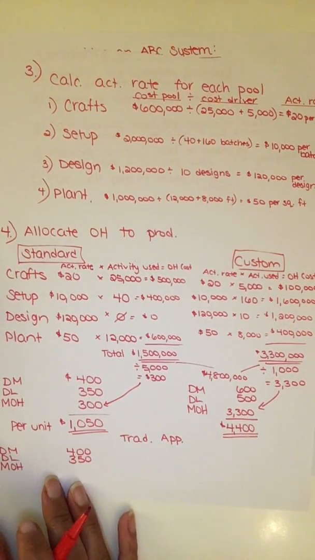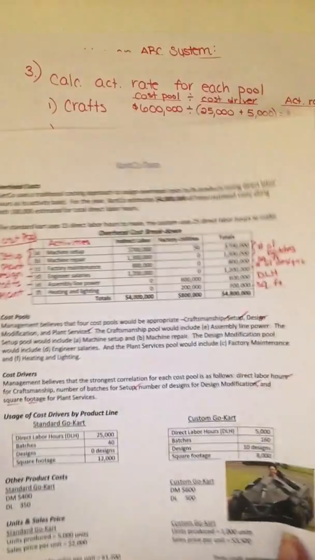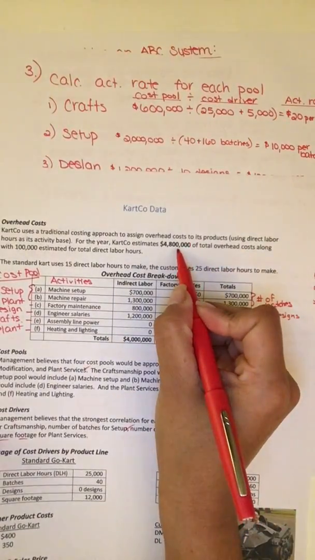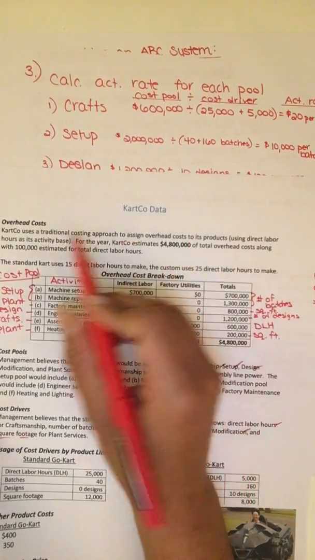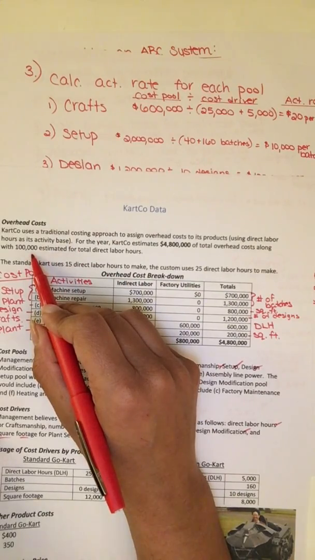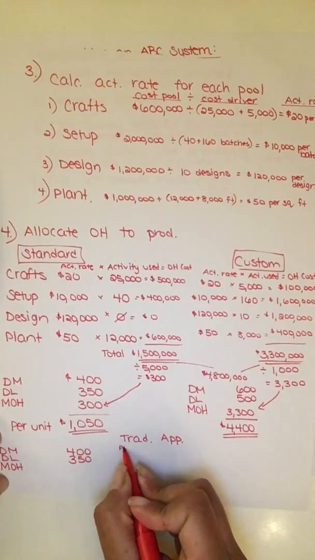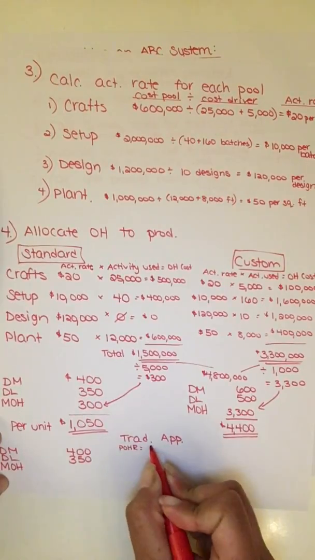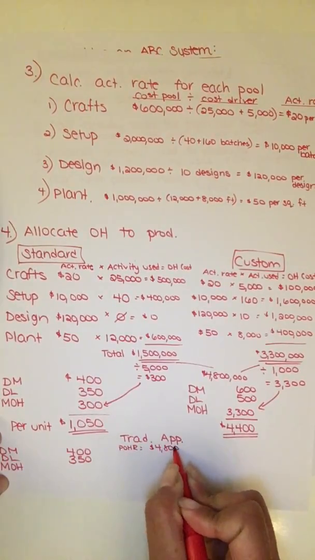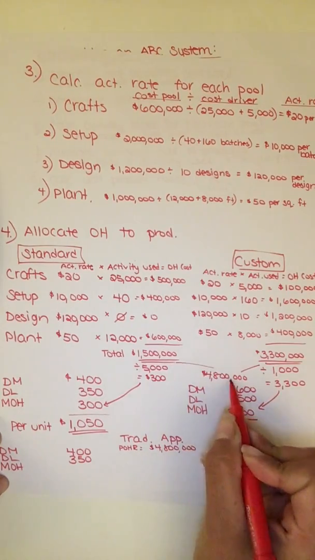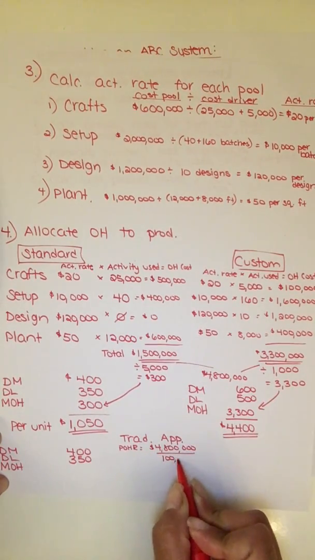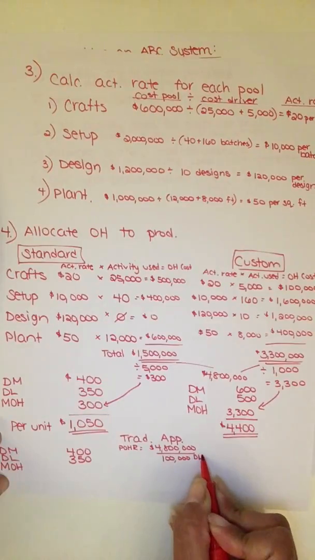Previously, they used a traditional system. In a traditional system, you take your estimated overhead and divide it by your activity base, which was 100,000 direct labor hours. So let's figure out what your POHR was. It was the 4.8 million divided by 100,000 direct labor hours.